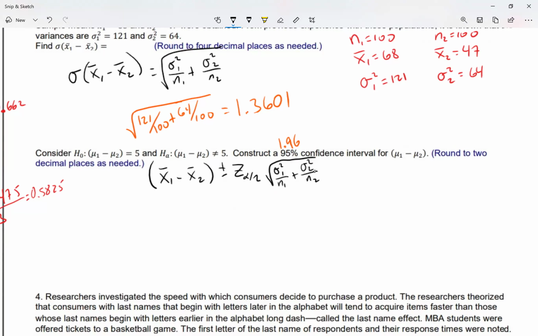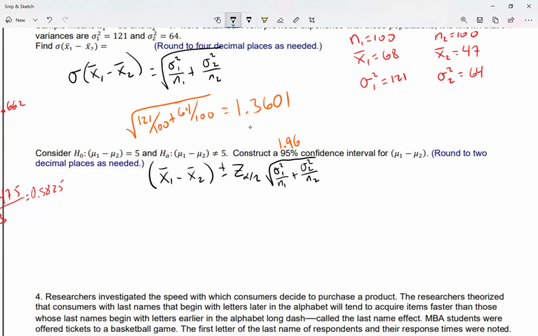Well, guess what? This square root right here, isn't that what we just solved? Okay, so that's not that bad. That's easy. What's the difference of the means? Well, 68 minus 47. That's not that bad, right?